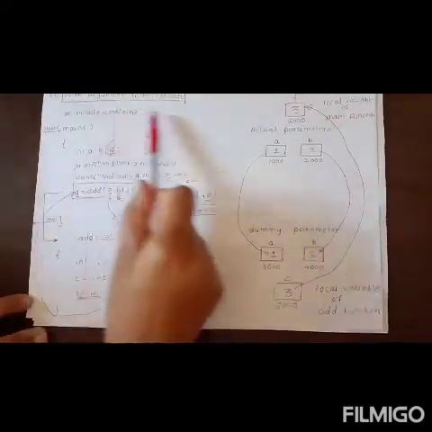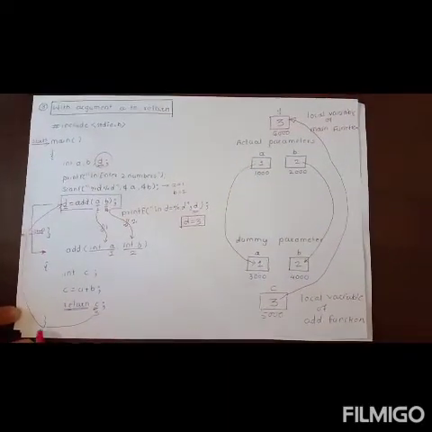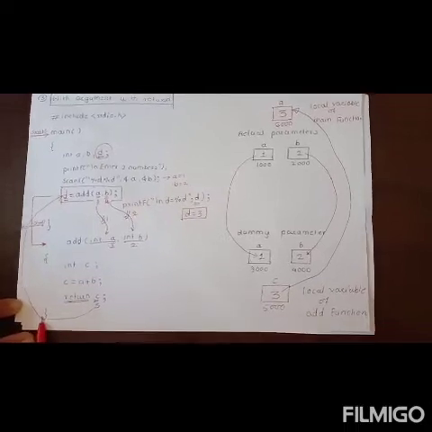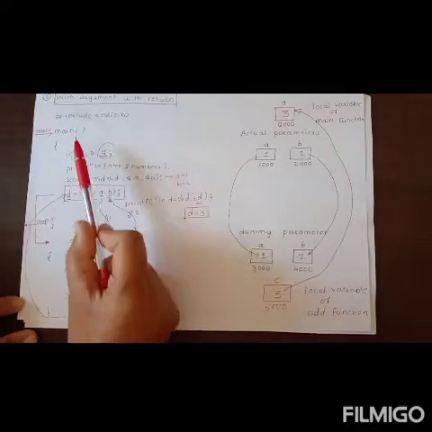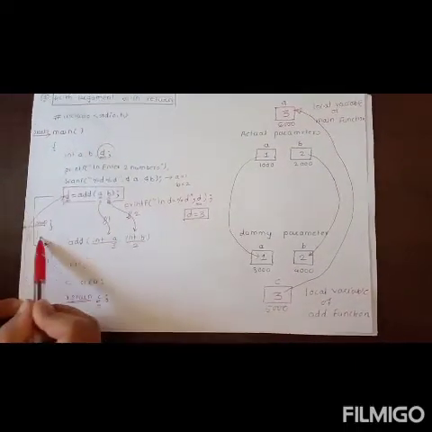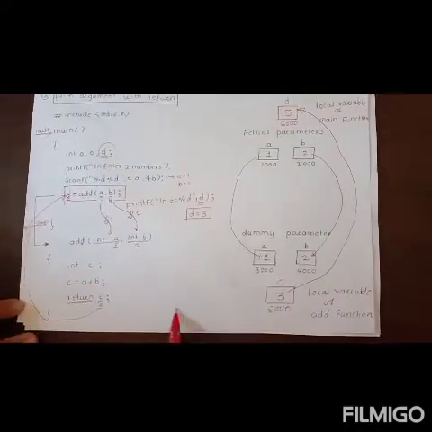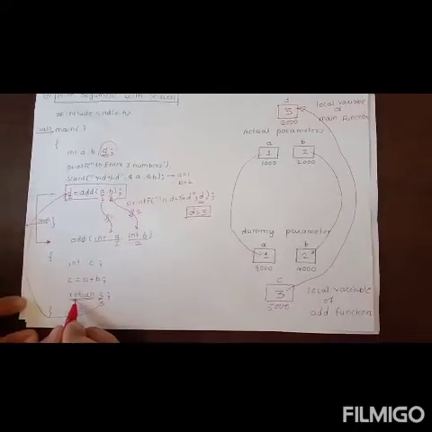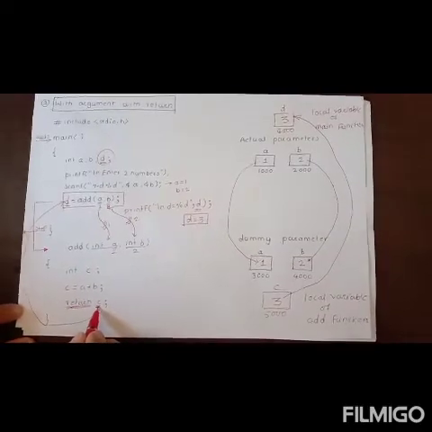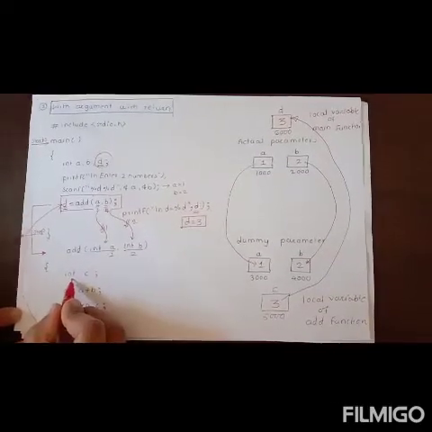Here we discuss only one type of style of writing a user defined function, in which we write the function definition after main. Okay, now the most important thing, which value are we returning? c. So c is of which data type? Integer.